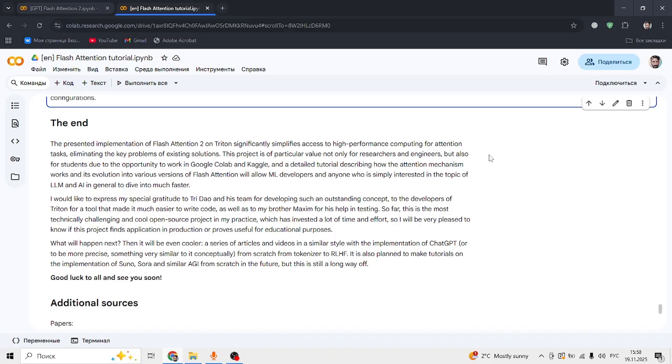So this is not the end. Next, I want to create a series of tutorials with ChatGPT from scratch. This is the same structure as the ML algorithms from scratch course, but only with ChatGPT. So it consists of a lot of components like tokenizer, like trainer, like GPT model, and for example, PPO algorithm.